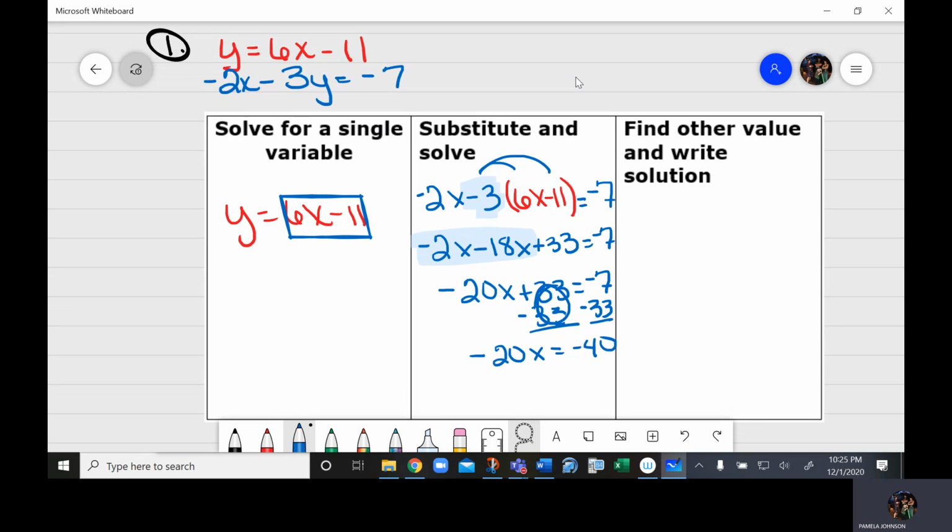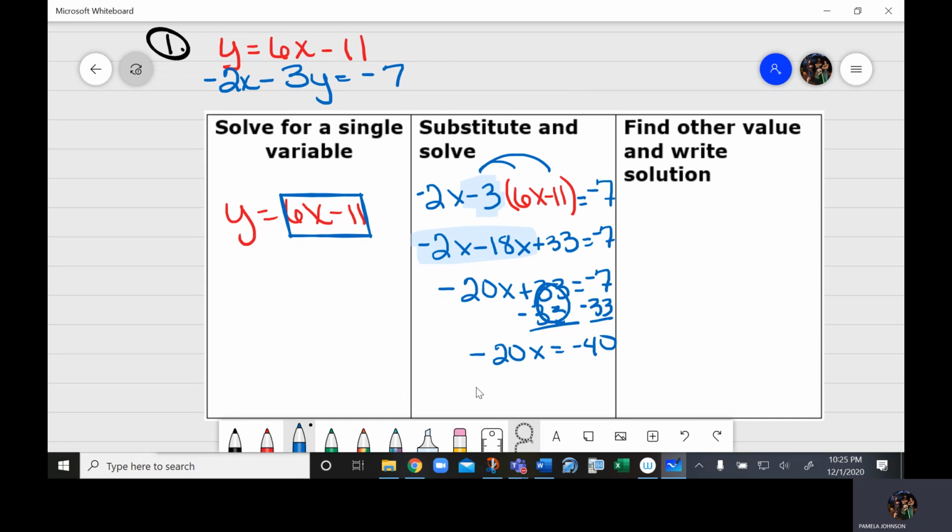Then we're going to divide by negative 20 because we want to get x by itself. Ultimately, we're going to be solving for both x and y, but right now we just need to solve for x. So this gives us a 1x, and negative 40 divided by negative 20 gives us a positive 2.